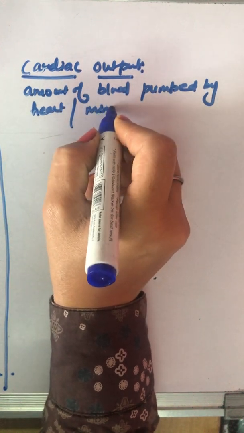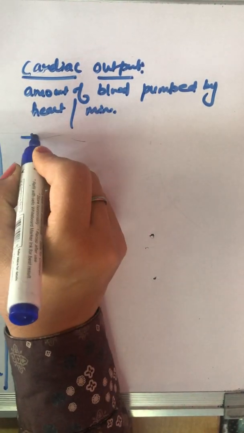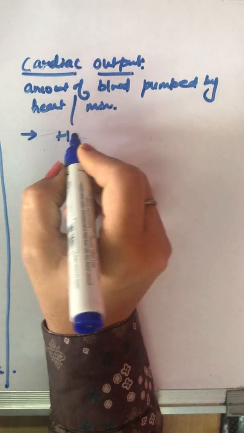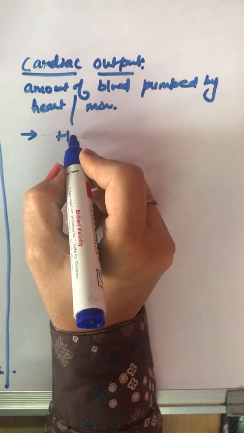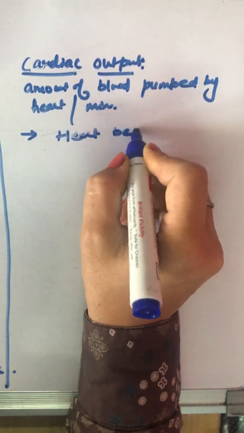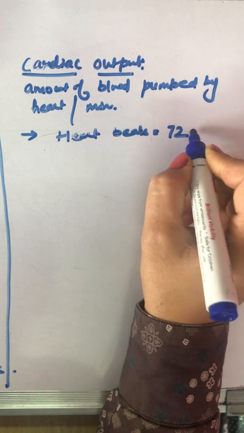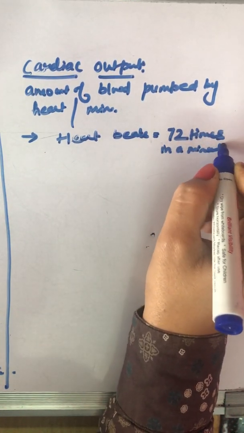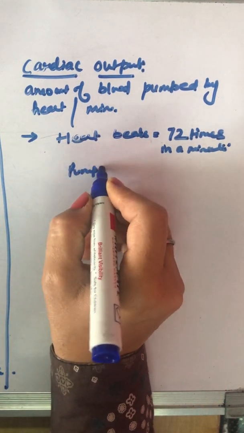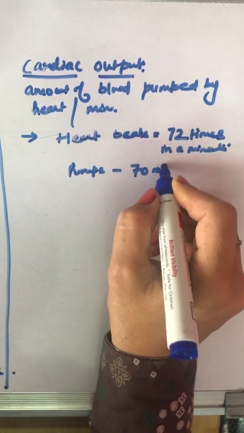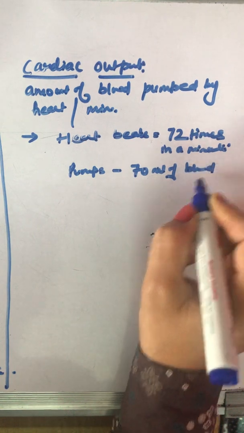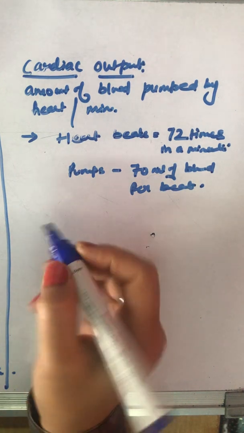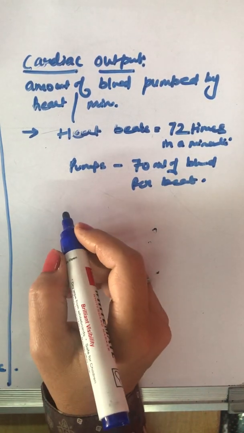See, if we come to a normal calculation, heart of a human, that means a normal person, it beats about 72 times in a minute, and it pumps 70 ml of blood per beat. Okay, so what is the actual calculation now?